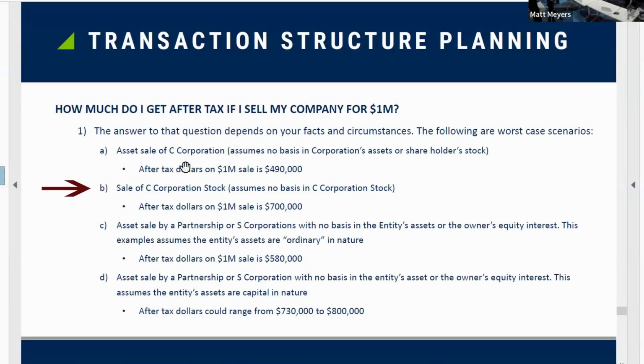Sale of C corporation stock after tax on a $1 million sale, $700,000, assumes no basis in the stock. Asset sale of a partnership or S corporation with no basis in the interest, but this assumes that every asset on the balance sheet is ordinary.